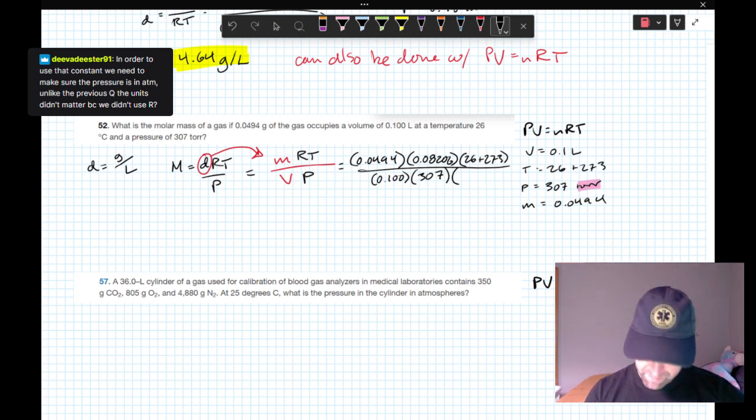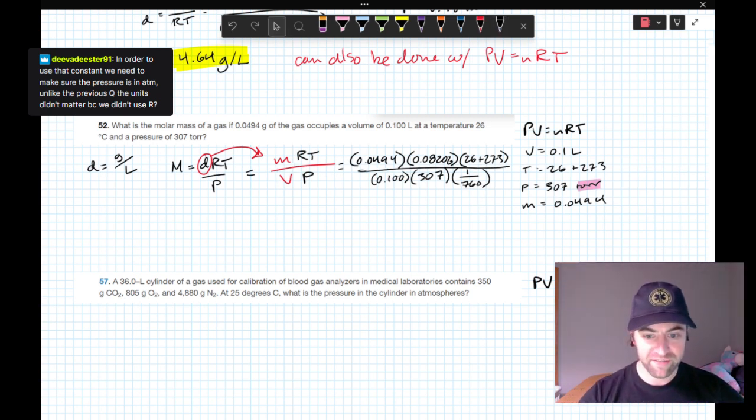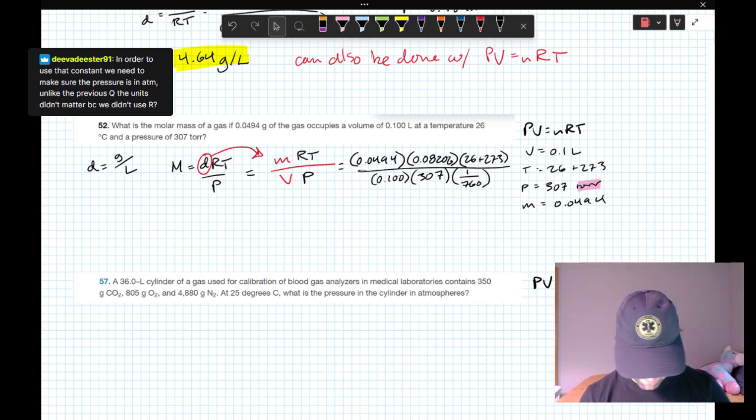From torr to atmosphere, we simply do dimensional analysis within the equation now, dividing by 760 to get to atmospheres. It's the same as multiplying by the reciprocal. So we take that monster of an equation. What should we get? 826.